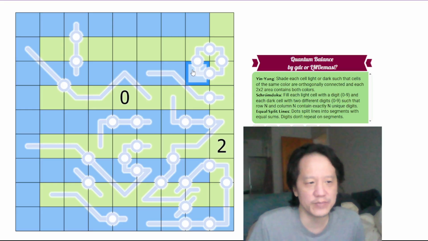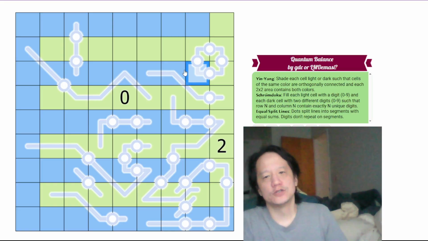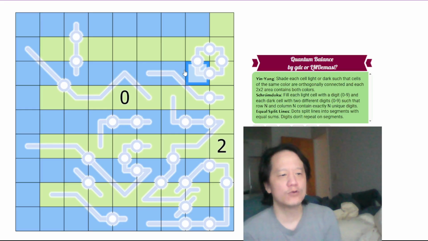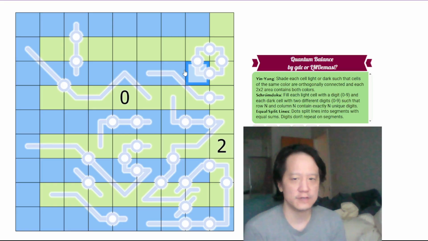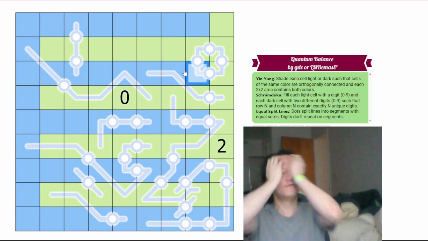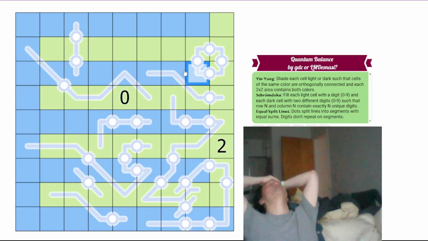Obviously, there's going to be some things that we have to change, but interesting. The only requirement that we have for uniqueness is that row 9, column 9 must have 9 unique digits.